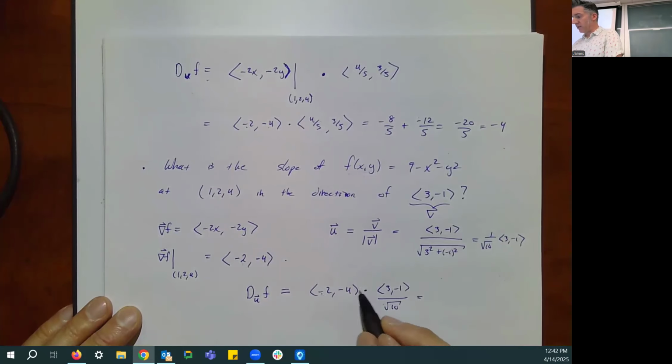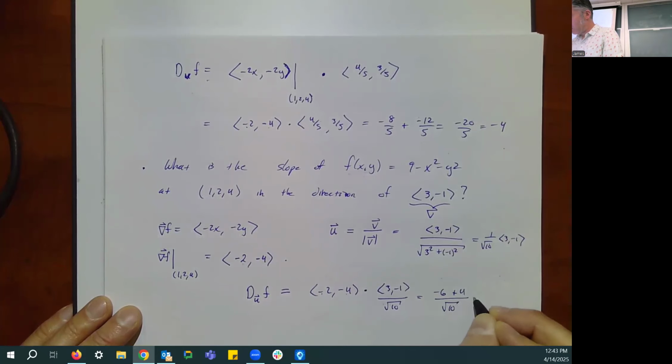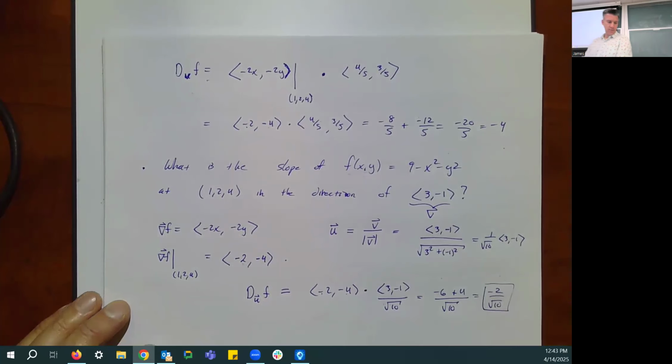It's going to be -2 times 3 plus -4 times -1, all divided by the square root of 10, which is -2 over root 10. So different direction means we got a different slope.